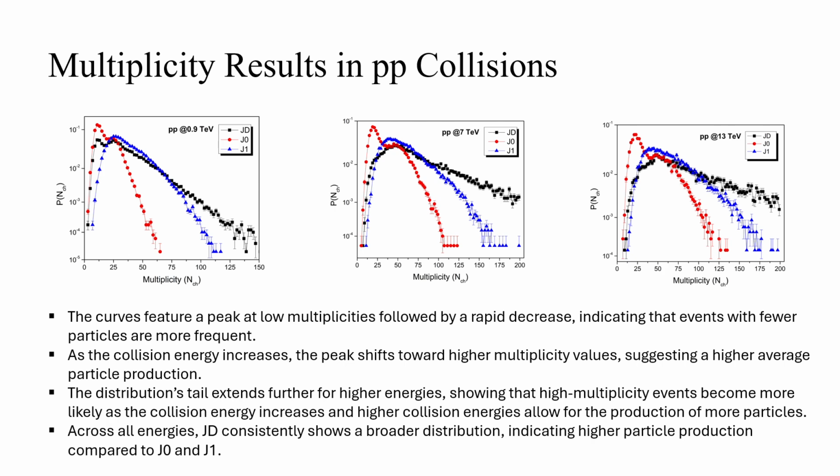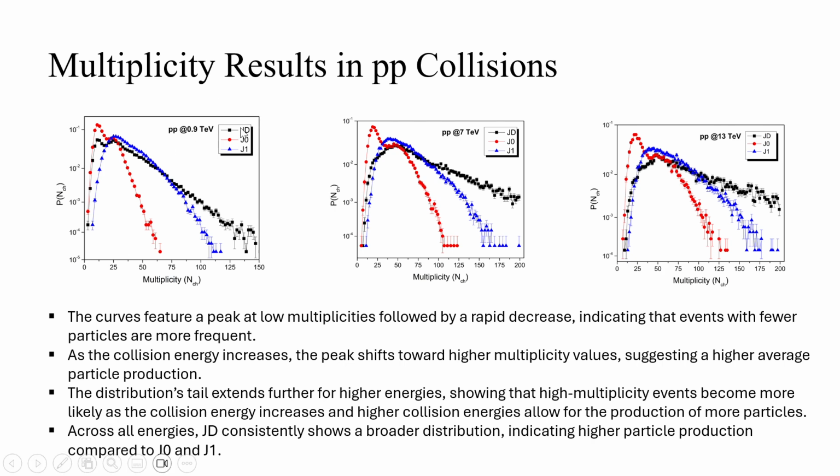Now let's move towards the comparison of data. Now check the jet dependence of our multiplicity results. We are visualizing our graphs at different energies, and we are setting our jet as on, represented by JD in our graphs.